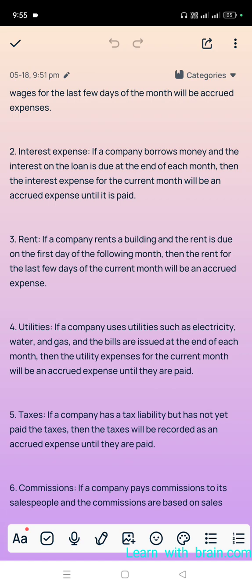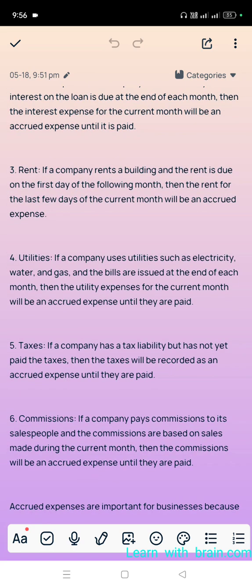For example, we borrowed 1 lakh rupees and the interest is 12%. Every month it accrues. For the first month, the amount is 1000 rupees, second month 2000, and so on every month it accrues. So it is an accrued expense.